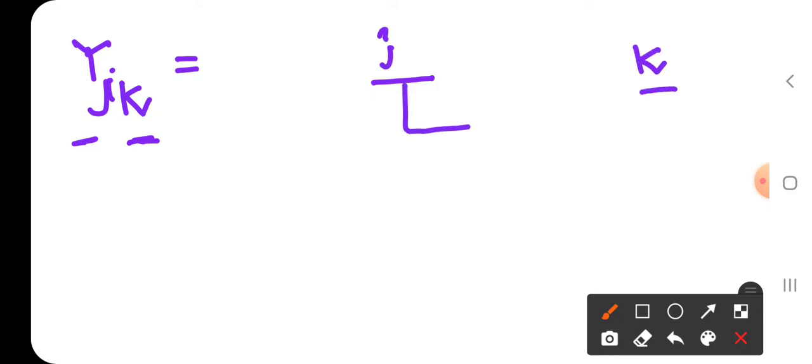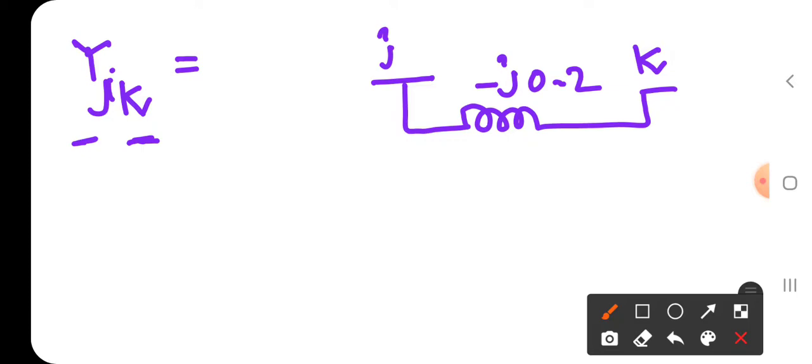In between these two, I have an admittance of minus j 0.2. Then I write YJK equal to j 0.2 simply, because I assume that YJK is the negative of the sum of admittances connected between node j and node k.